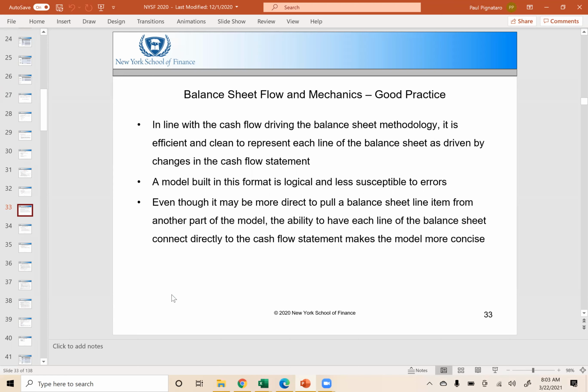Why? Because going the other way, you're basically plugging. You're solving for an unknown. Here, if you have a cash flow statement, we talked about this when we started opening up the concept of cash flow statement. They say they have this concept, cash is king. That's true in a lot of different facets.